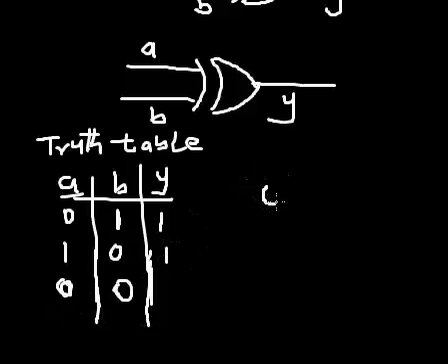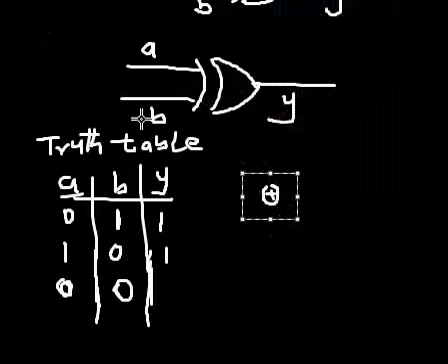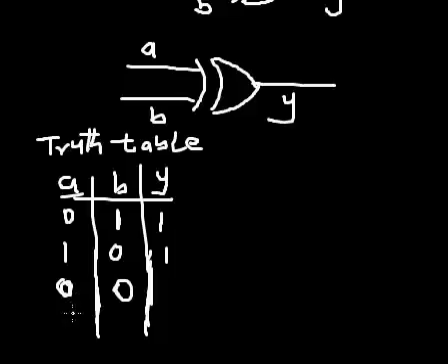This is the Boolean symbol for exclusive OR. I will write that down. When I have 0 plus 0, I get 0.